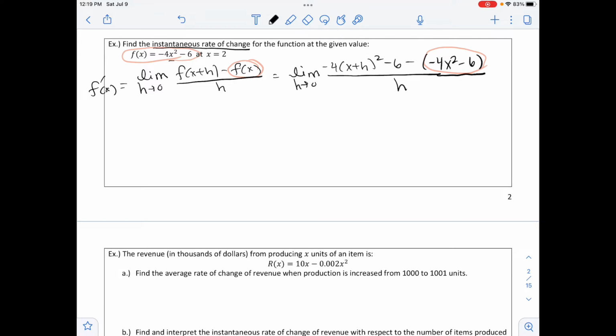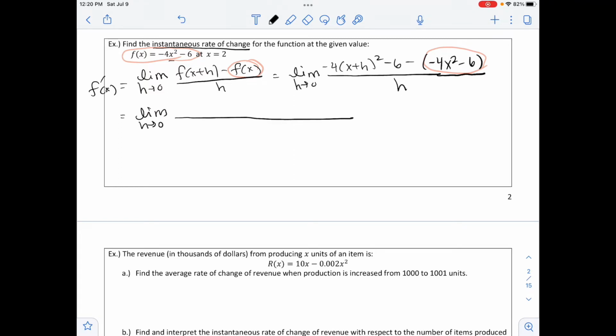So right now, if you were to take the limit, you'll notice that you actually get 0 over 0, which we know is indeterminate. And that means that we have to simplify this. So in order to simplify this, I'm going to multiply out the numerator, combine like terms, and see if anything reduces out. So from here, we have the limit as h approaches 0.